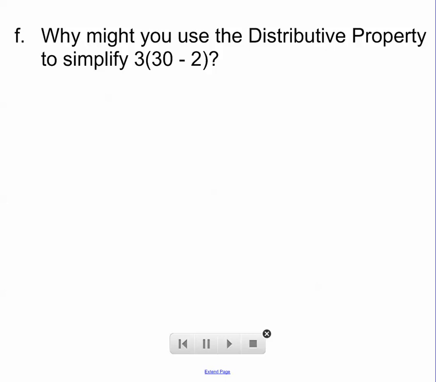Why might you use the distributive property to simplify 3 times 30 minus 2? You can write down my answer.